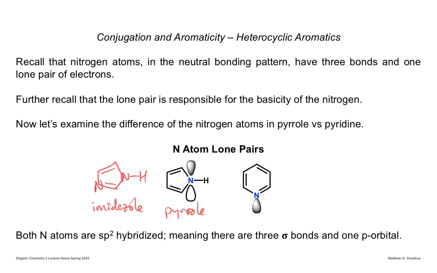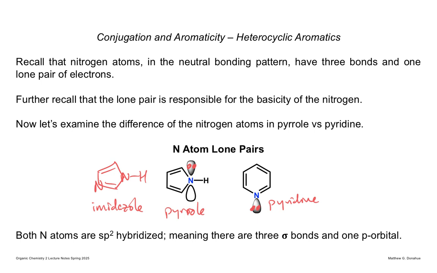So in relation to pyrrole and pyridine, the nitrogen atoms are in their neutral bonding pattern. So they're showing 3 bonds, the lone pair. And we initially said, well, the pyrrole looks like it's sp3 hybridized.